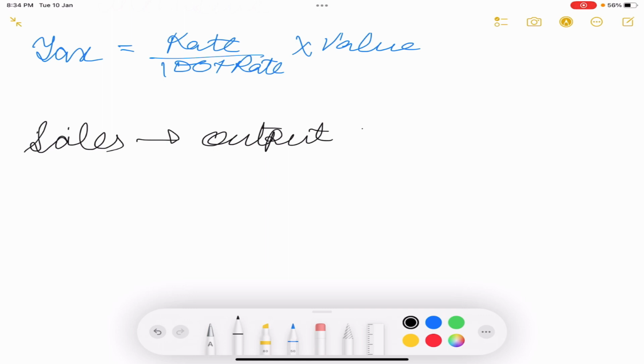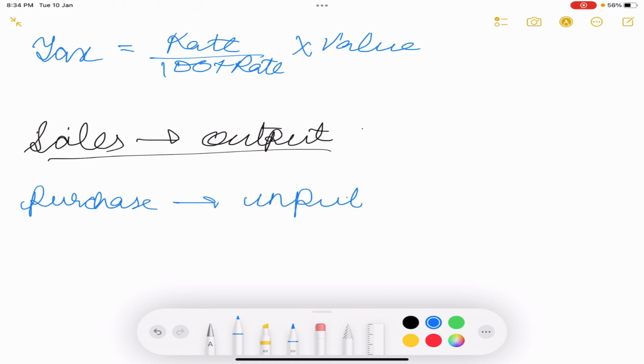So that is my output tax. And every time I purchase something, I pay the sales tax, which means I have given input to the government. I give the seller the sales tax. So that is what is known as my input tax.